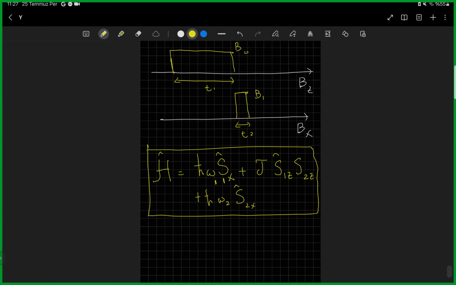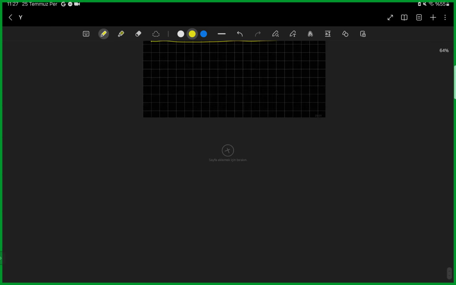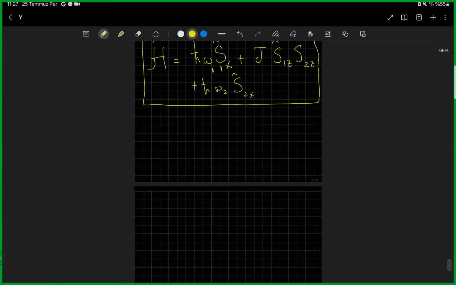Just to give you an example, if I have a spin that is precessing in the equatorial plane, and I have a coil placed along the y-axis, and this spin is precessing with the frequency omega.